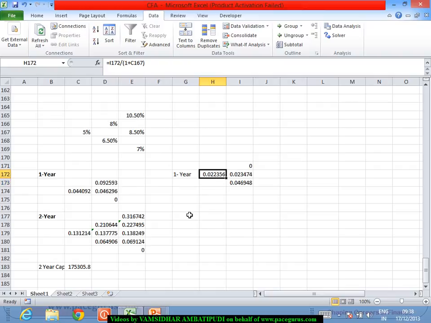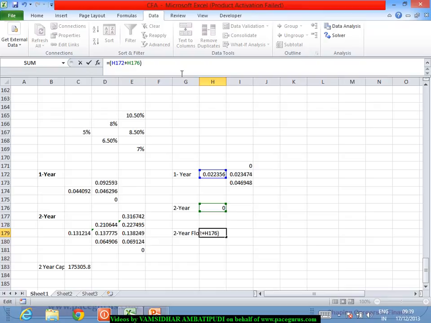And going with the same logic, a 2-year floorlet literally has 0 value, because none of them will be exercised. So the 2-year floorlet in this example has a 0 value. So when I am talking about a 2-year floor, it is 1 year floorlet plus 2-year floorlet, giving me a total value of 0.02 million, working out to 20 odd thousand.